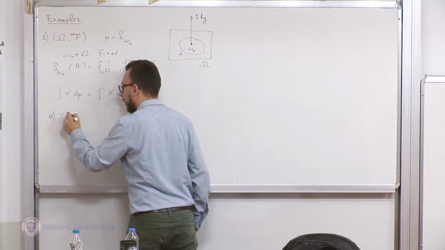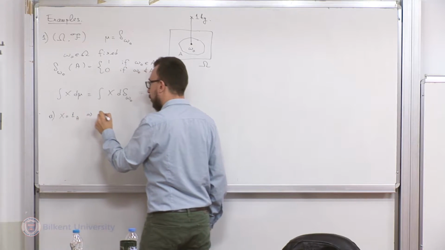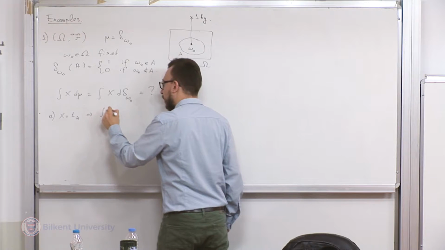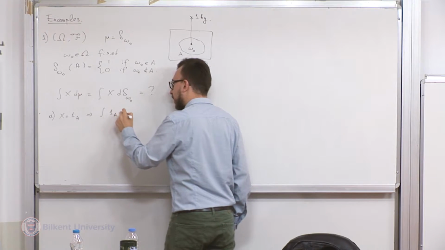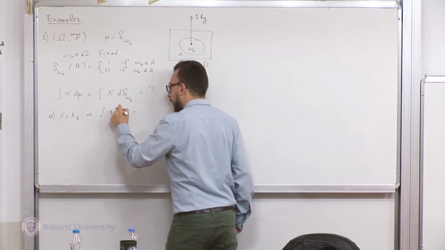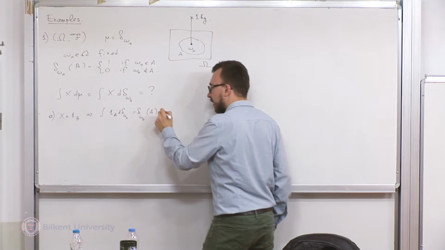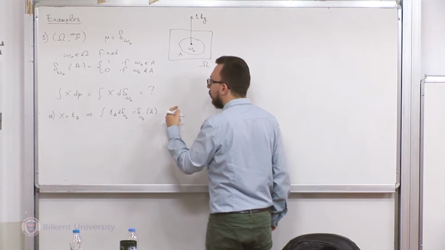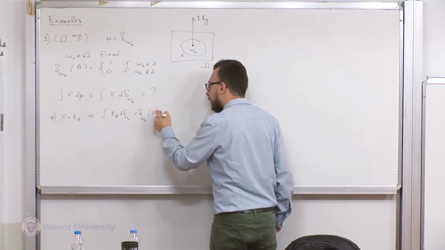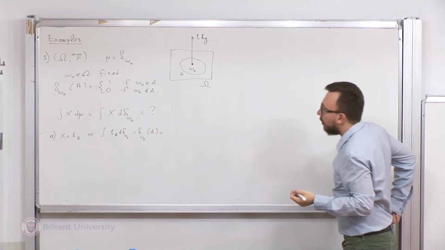So if x is the indicator of a set A, the integral of indicator A d Dirac will be the Dirac measure at A. Okay, so this is 1 if omega 0 is in A.